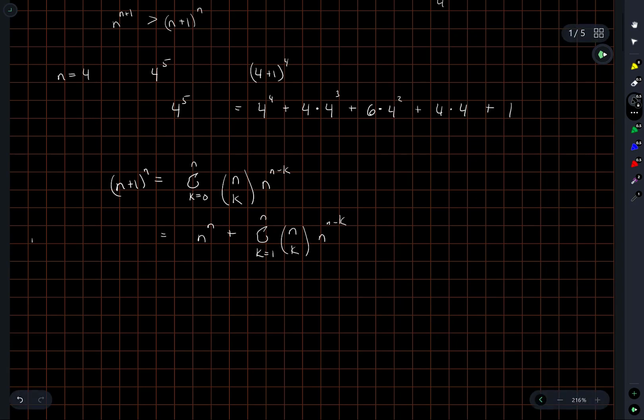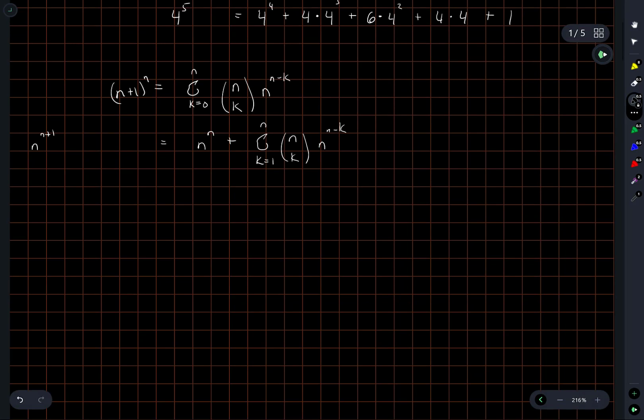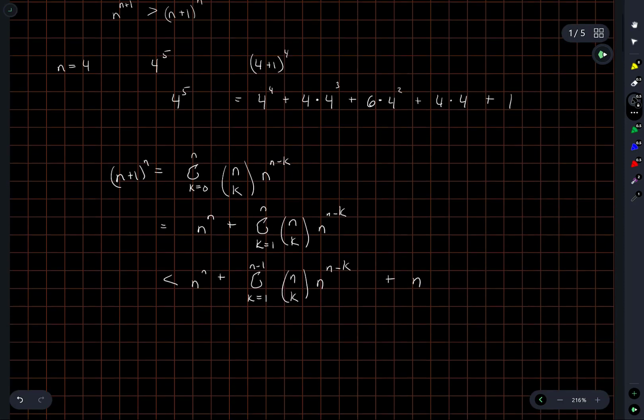And I want to compare this to n to the power of n plus 1. Well, this is less than n to the n plus the sum as k goes from 1 to n minus 1 of n choose k, n to the n minus k, plus n. This is exactly what I'd said before. This is just replacing this last trailing 1 with n.